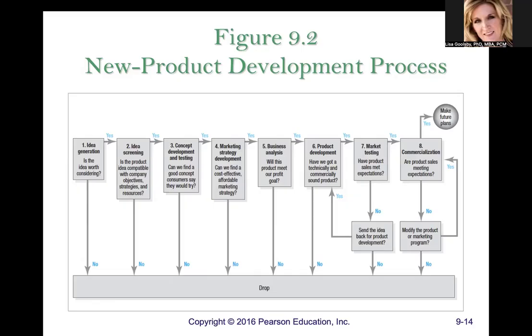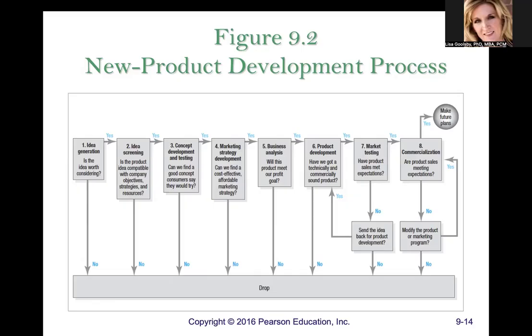So you want to make sure on a lot of things before you go into that commercialization. You want to make sure that the product is meeting sales expectations, but it also has to meet customer expectations. Is this something the customer wants to buy?